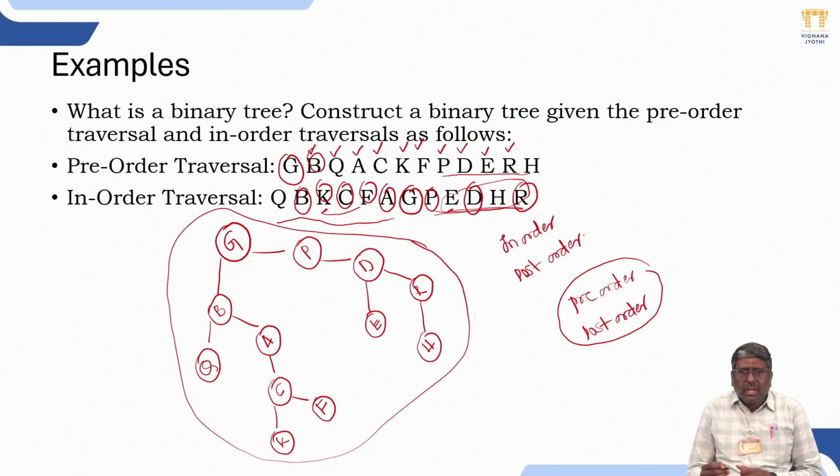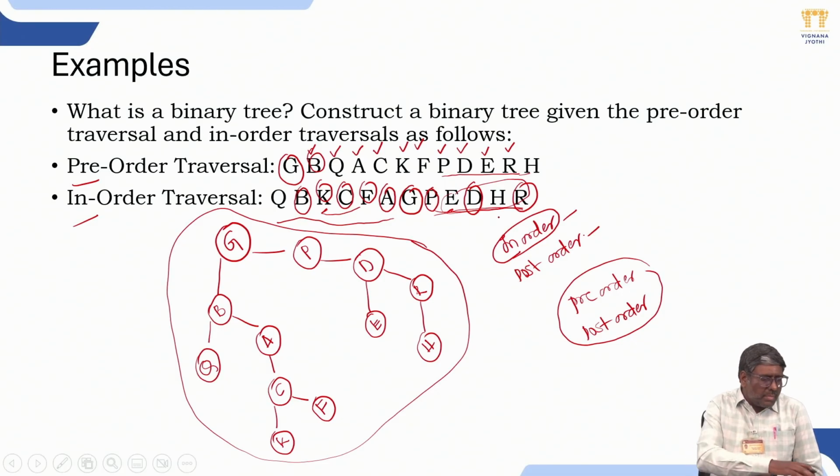Okay, so we can construct only a unique tree either using the pre-order and in-order traversals, or we can get only one unique tree by using the post-order and in-order traversal. So this in-order is mandatory for both pre-order and post-order. Okay, so in this way we can construct the binary tree.